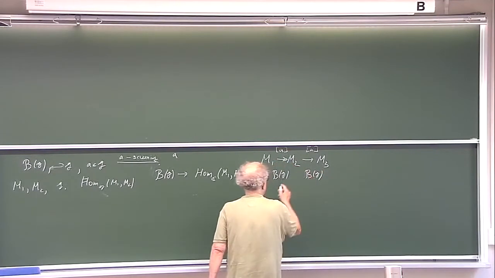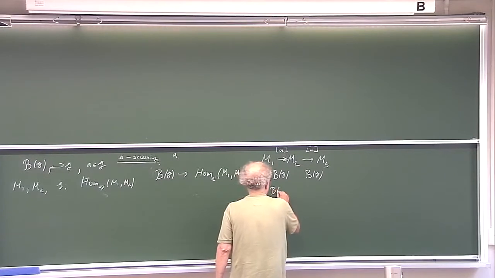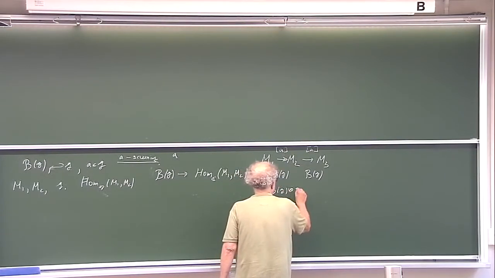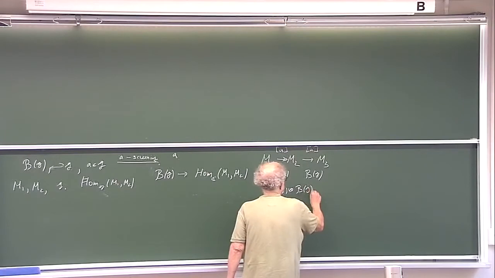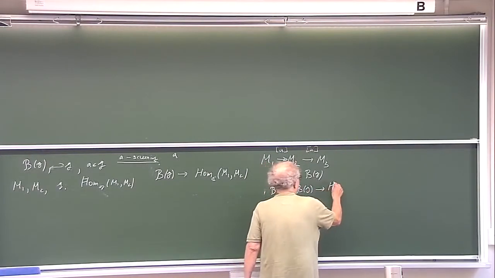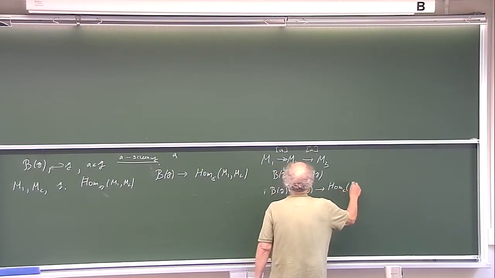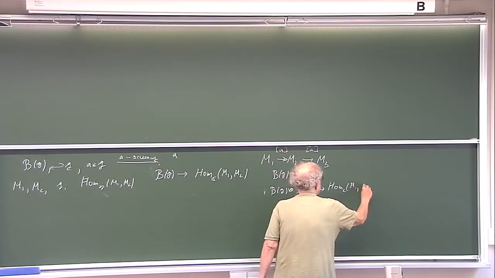So we have a map from Bg times Bg to Hom_C(M1, M3).